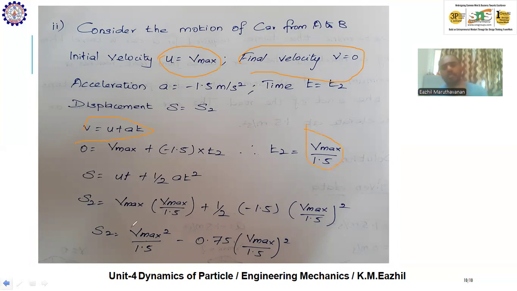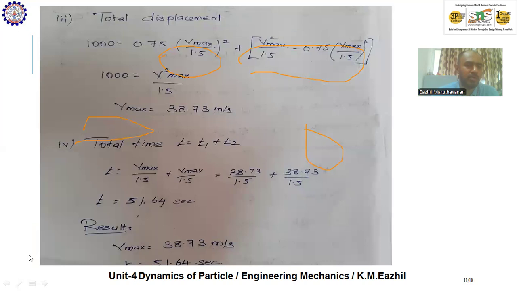We substitute the same in the equation S2 is equal to UT plus half AT square. We get S2 is equal to V max square by 1.5 minus 0.75 V max by 1.5 the whole square.